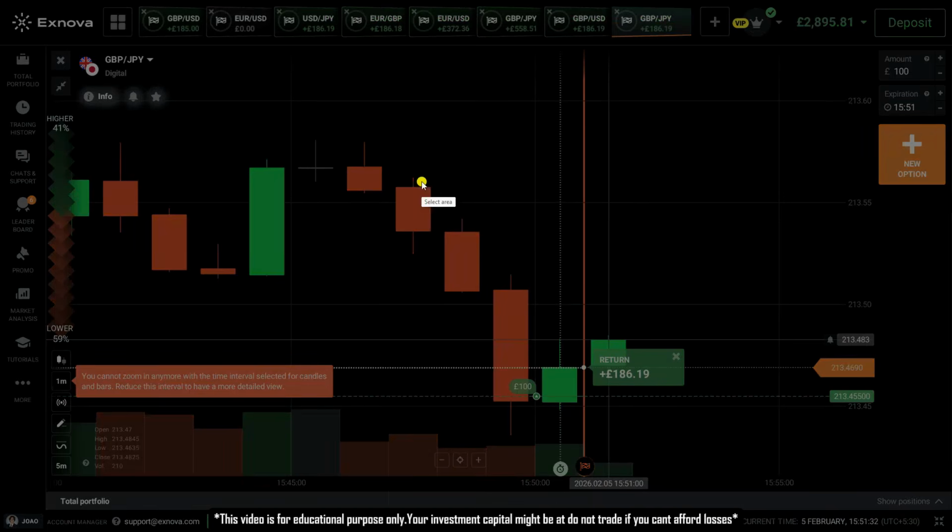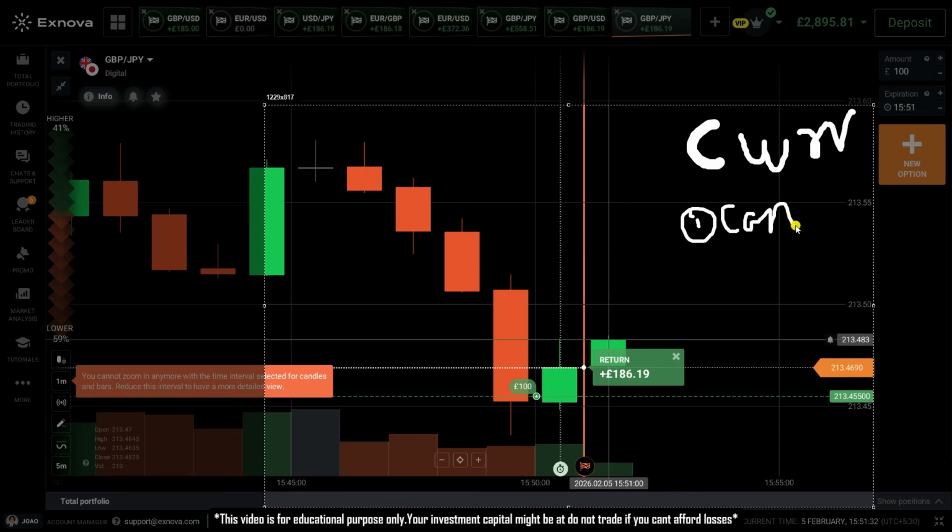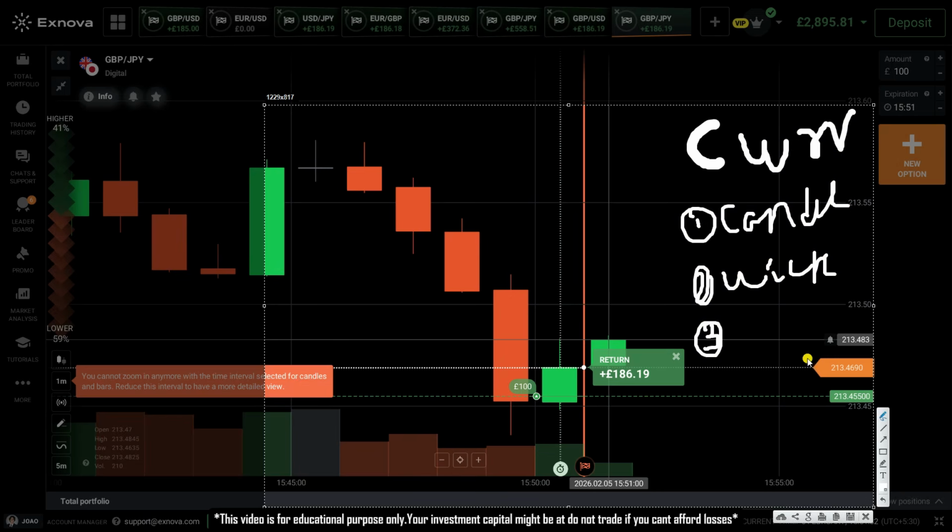GBP JPY. What is the reason for the trades based on candlestick wick reading with the volume? From the abbreviation itself, we can understand CWRV stands for: first, the reading of the candlestick body; second, wicks from the upper side and the lower side; third, volume, the increase and decrease of the volumes.